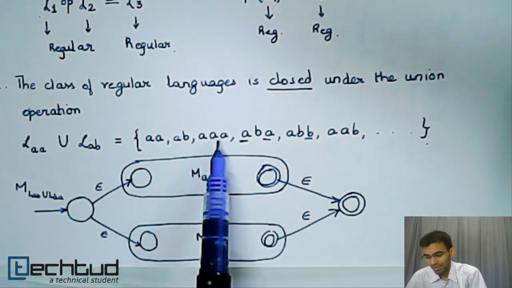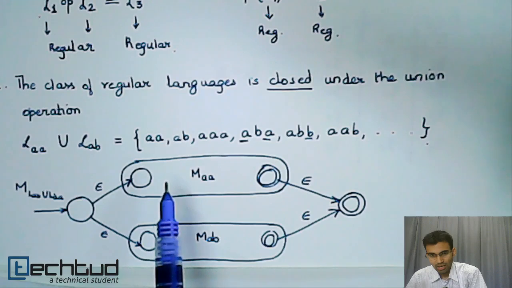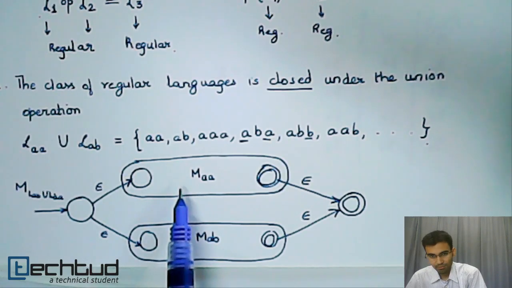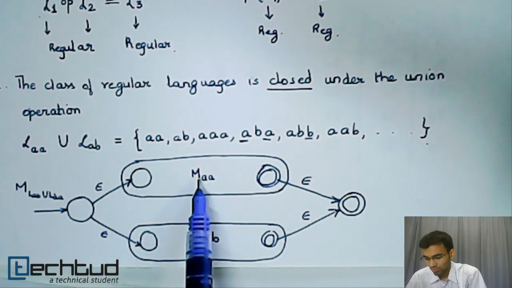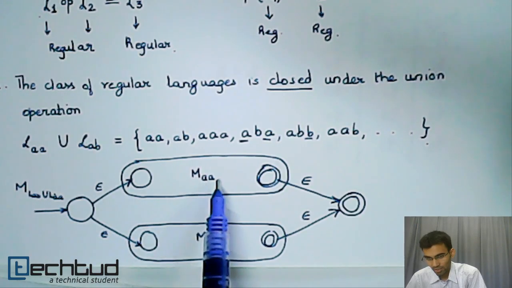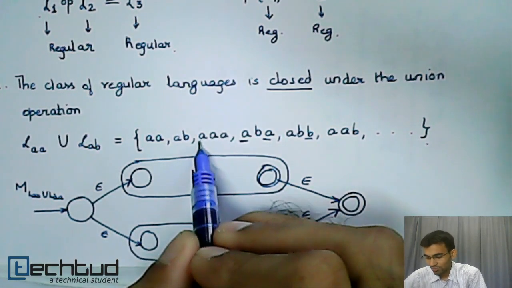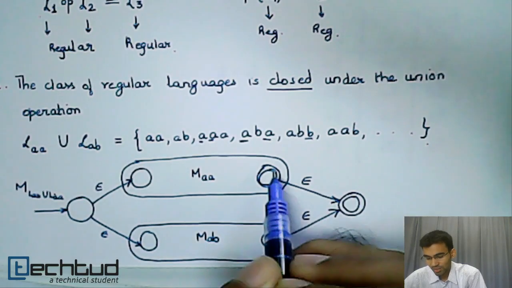A string like AAA, had this been an NFA, the string AAA would pass through the machine MAA. You would read the first A, the second A, and possibly reach a final state.